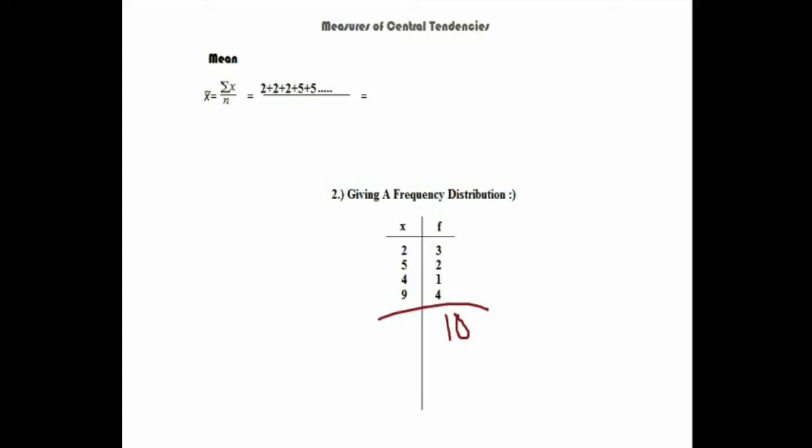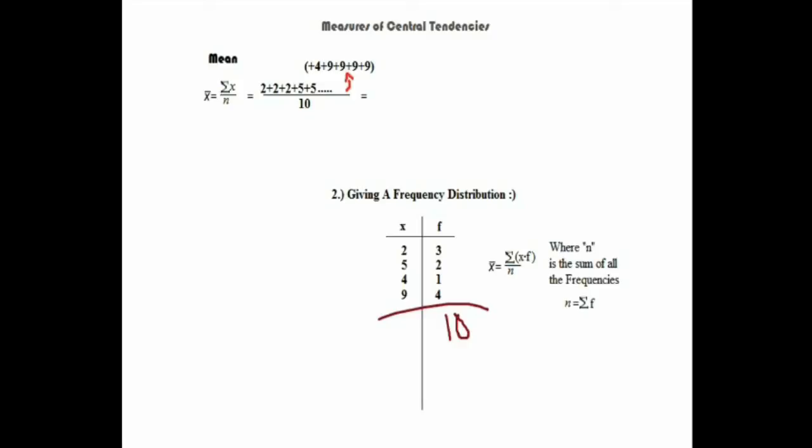And this number, by the way, is the sum of all the frequencies. All right? So the formula is not the same as before. If we are given the frequency distribution, how do we find the mean? The mean is now the summation of the values of x times the frequencies divided by n, where n is the sum of all the frequencies.